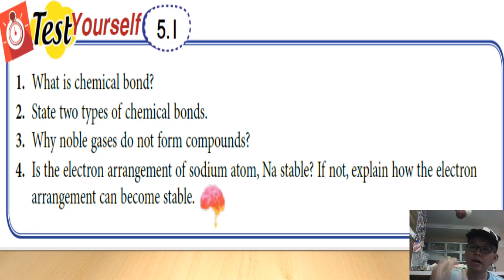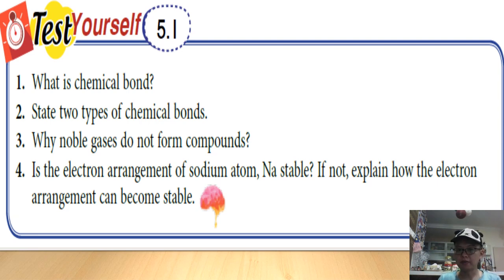We have ionic bond and covalent bond. Why does noble gas not form compounds? Noble gases already achieve duplet or octet electron arrangement, which is very stable, and they do not react with other atoms.